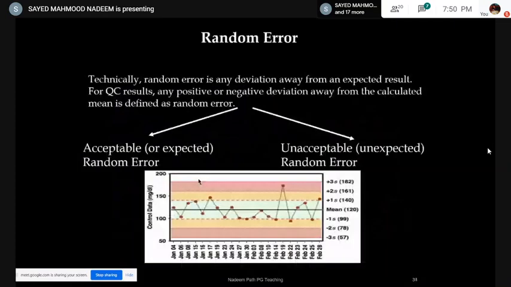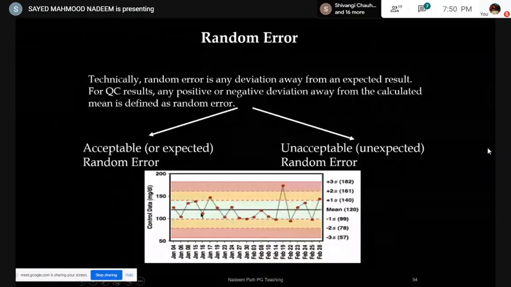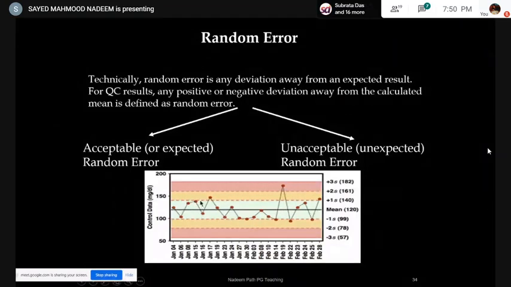Now if you see, basically the ideal situation would be that the control should always be on the mean, on the central line. But that never happens. There is deviation, like I told you in the beginning, within the boundaries of plus and minus 1 SD. This deviation, although it is a random deviation, you can see up, down, but because it is between the plus minus 1 SD boundary, it is called the acceptable random error.